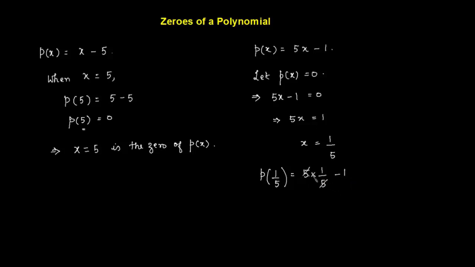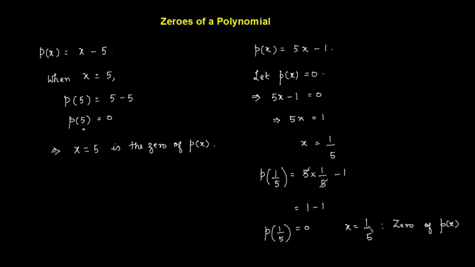Now, the 5 and the 5 will get cancelled, leaving you with a 1 there. So, you get 1 minus 1, which is equal to 0. So, you get P of 1 by 5 equal to 0. Therefore, when x is equal to 1 by 5, then P of x is going to become 0. Therefore, x is equal to 1 by 5 is called a 0 of the polynomial. So, x is equal to 1 by 5 is the 0 of P of x.